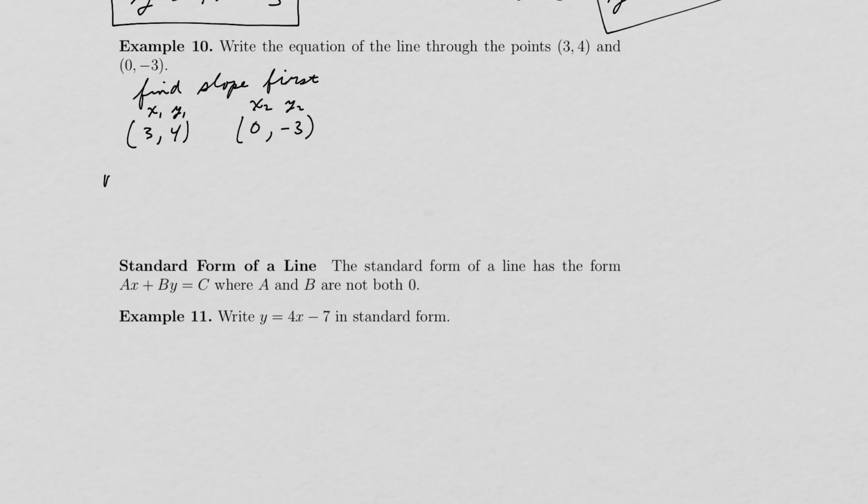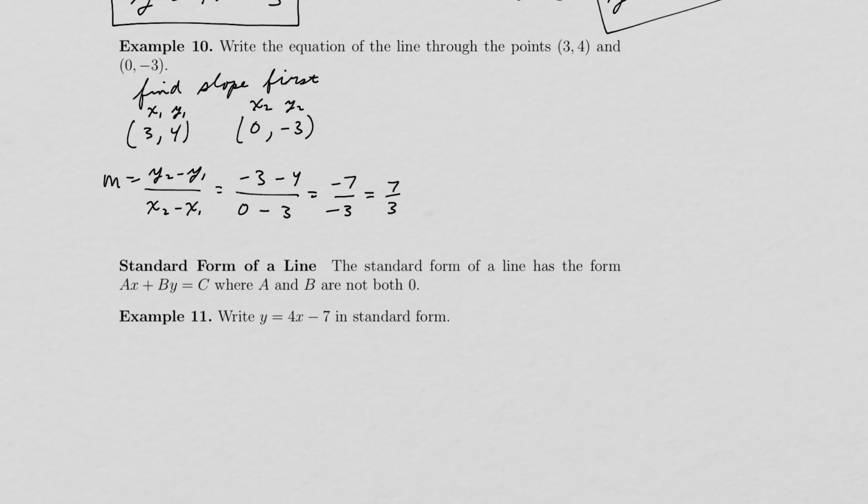So remember the slope is going to be y2 minus y1 over x2 minus x1. So this will be negative 3 minus 4 over 0 minus 3. So this is going to be negative 7 over negative 3. The negatives cancel, right? It'll give you a positive. So this is just going to be 7/3, positive 7/3.